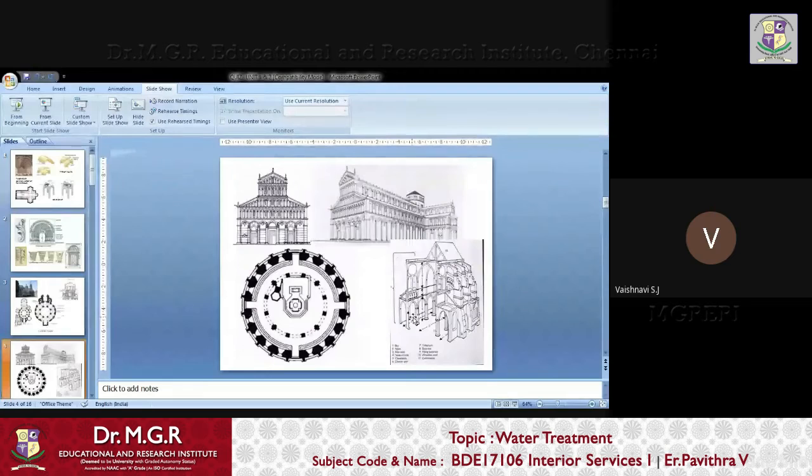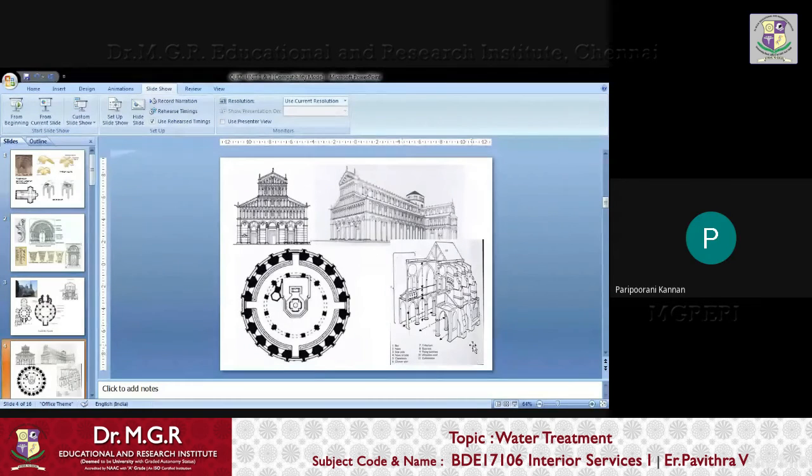So what is the third one? Third one is here. Third one is this zone inside the cathedral. There is a specific name for that.